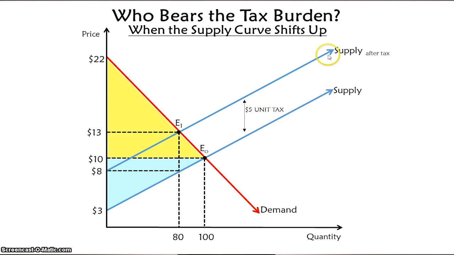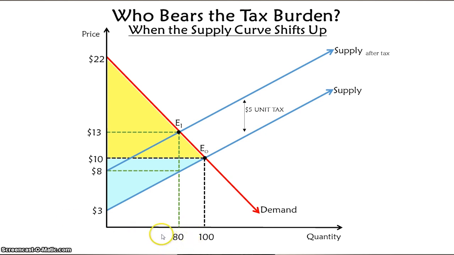Why did the supply curve shift up? It happened because after the imposition of the tax, the cost of production of each unit does not change. The producers still need to receive the same amount of money for each marginal unit as they did before the tax was imposed.